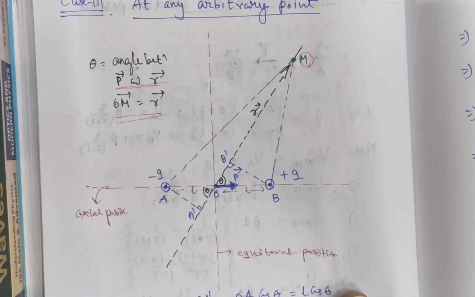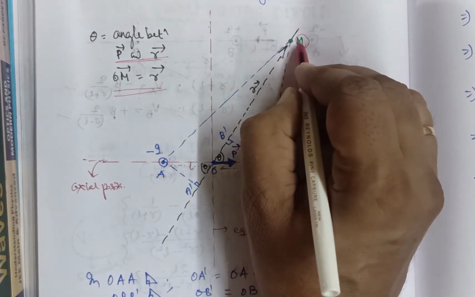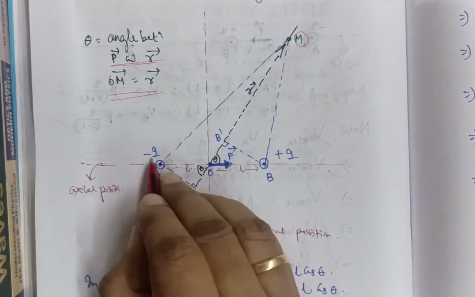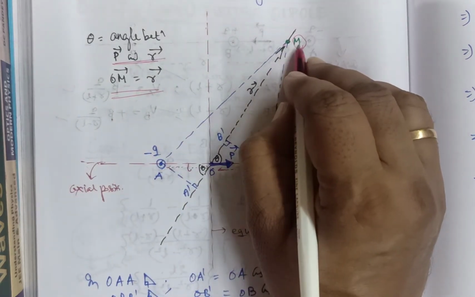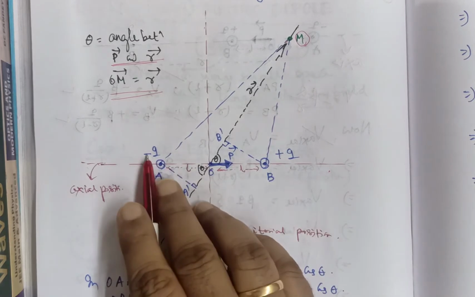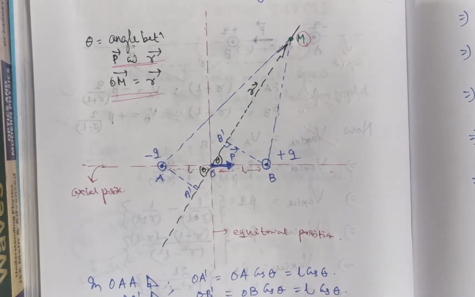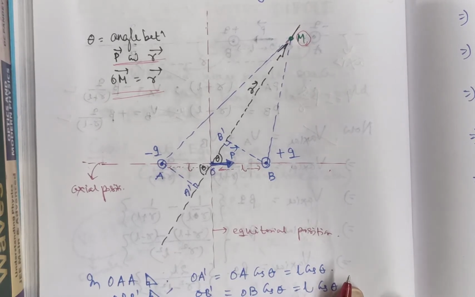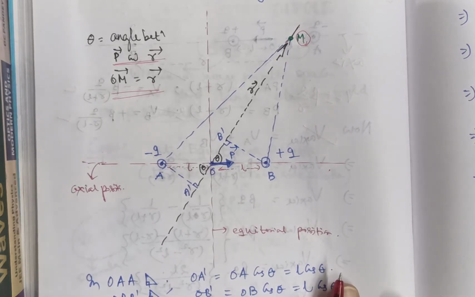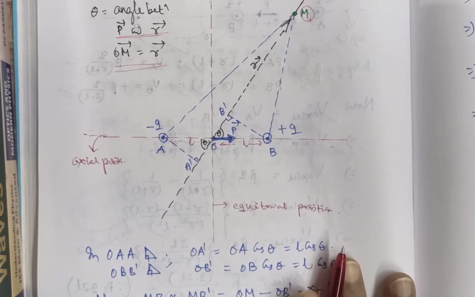And here the OM vector is your r vector. Now how will you derive it? Same procedure. At the point M, first you have to calculate the electric potential due to minus q. Then we have to calculate the electric potential due to plus q. Then algebraically we will add them, and then we will get our final result. Before going to that, we have some geometry construction to do. You just follow it for the easy process of our derivation.